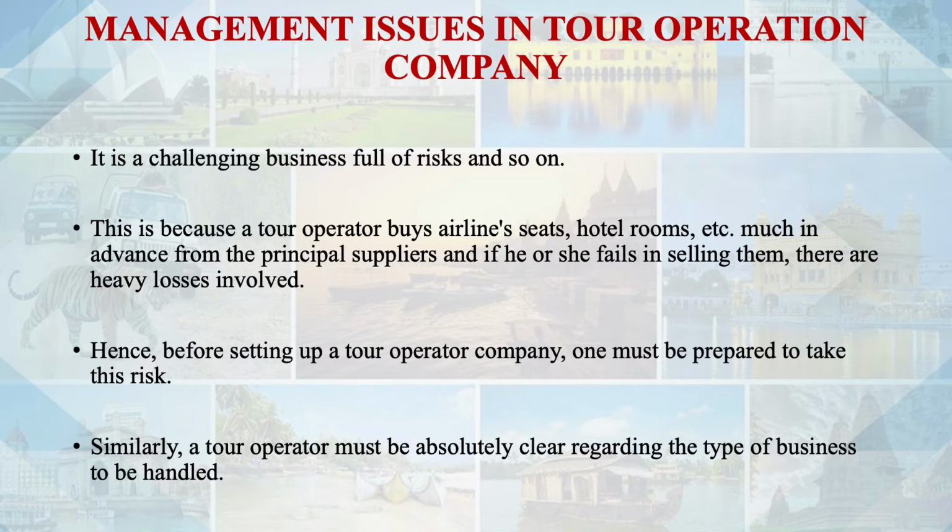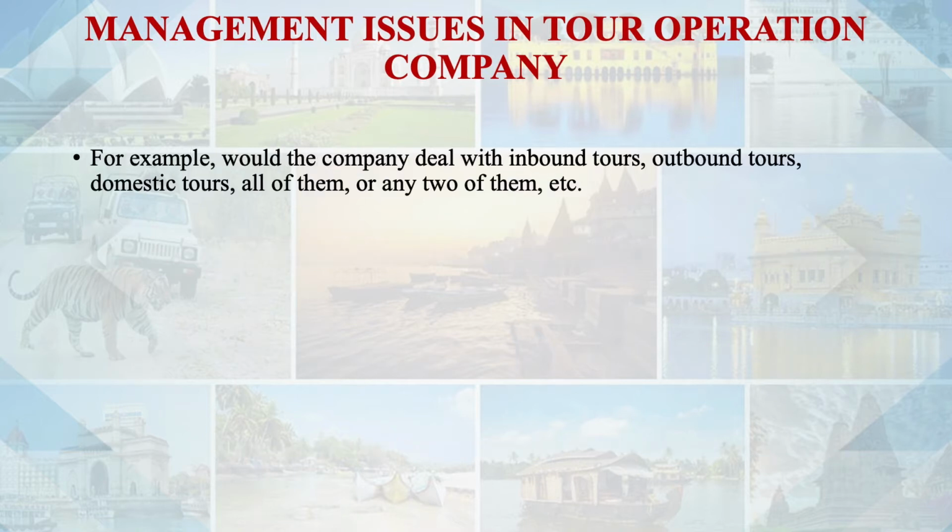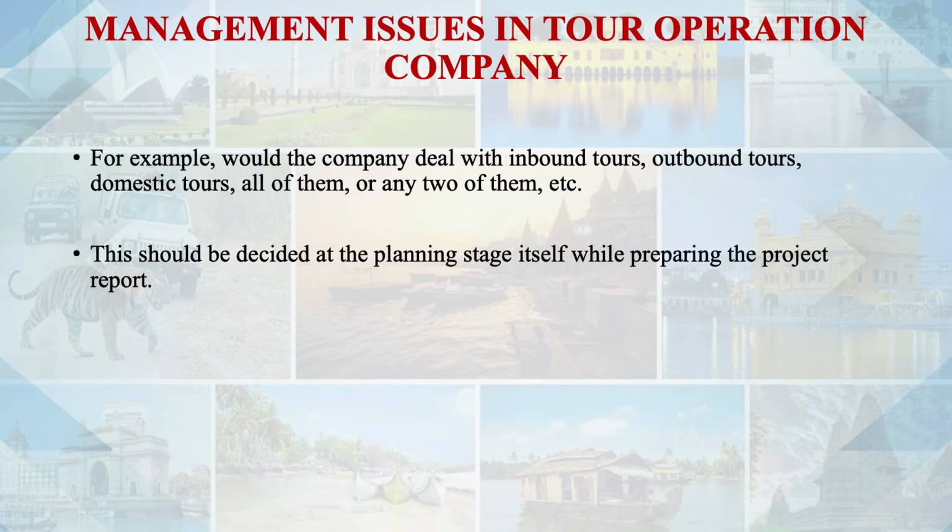Similarly, a tour operator must be absolutely clear regarding the type of business to be handled. For example, would the company deal with inbound tours, outbound tours, domestic tours, or all of them or any two of them? This should be decided at the planning stage itself, while preparing the project report.